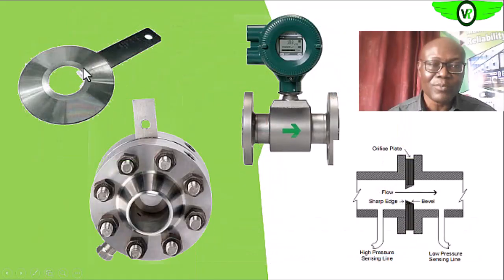So this is the orifice plate that we were talking about the other time. You see one of the ends is beveled, and this beveled end is always facing the downstream of your flow.